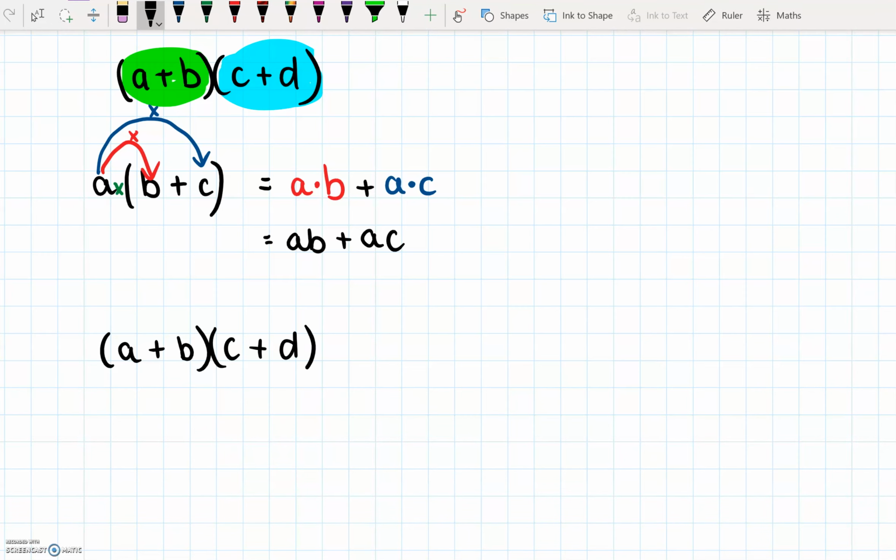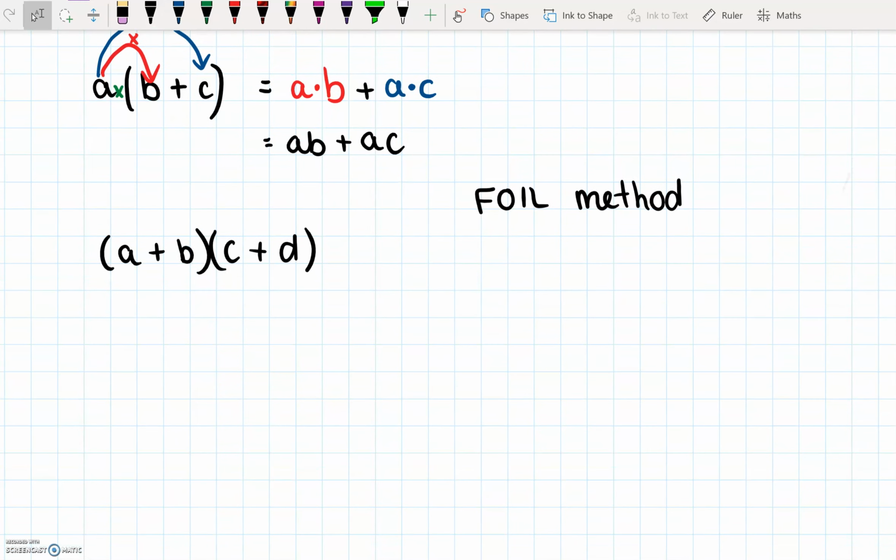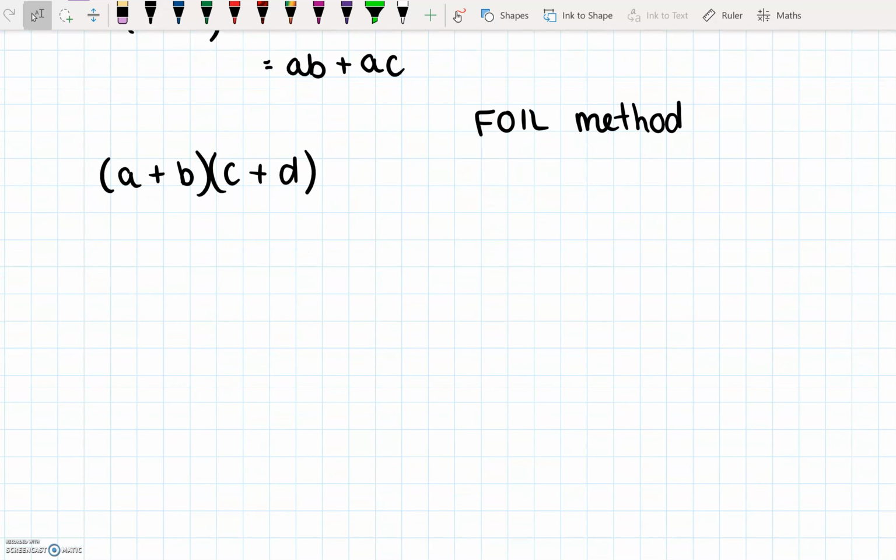And what I like to teach is what we call the FOIL method. So we're going to have a look quickly at the FOIL method. Now the FOIL method, FOIL stands for F is firsts. And what that means is the first term in each bracket is what we're first going to multiply together.